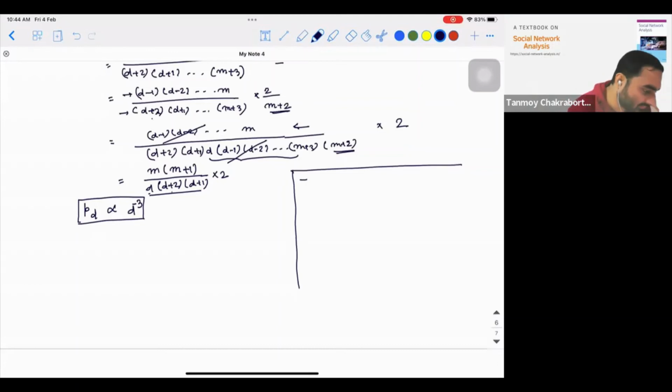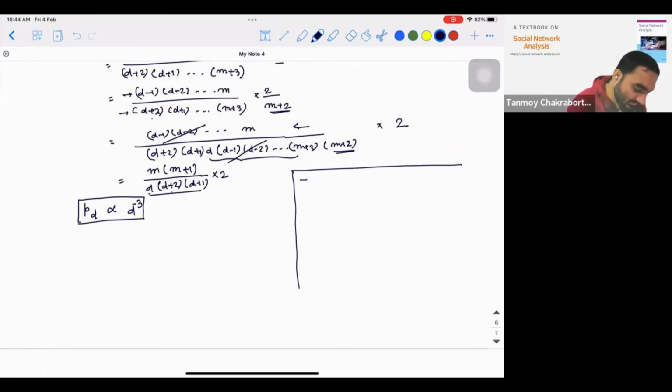The second problem is that it's a linear model in the sense that the number of nodes attached to a particular network is constant over time. At every time there is only one node coming in, which therefore makes it a linear model, but real world networks may not be linear.